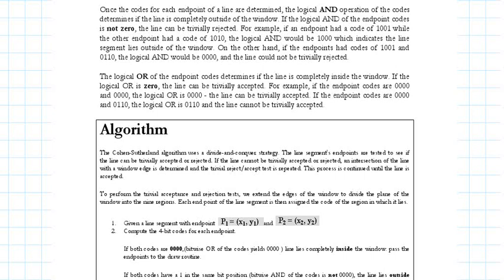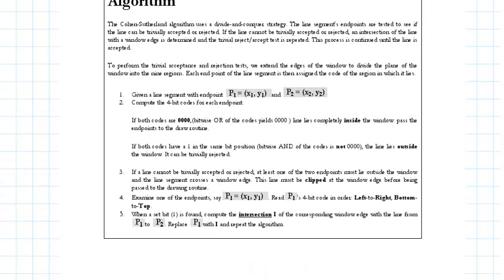So to establish whether the line is going to be trivially rejected, what you have to do is a bitwise AND of the LRBT codes.